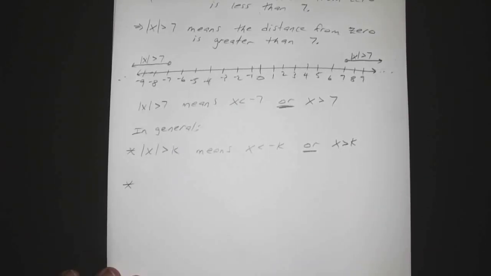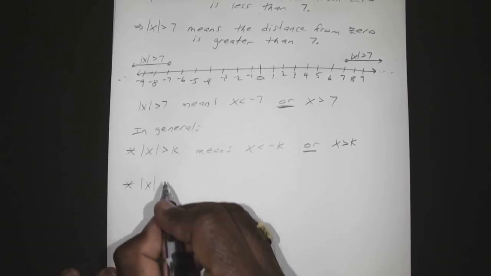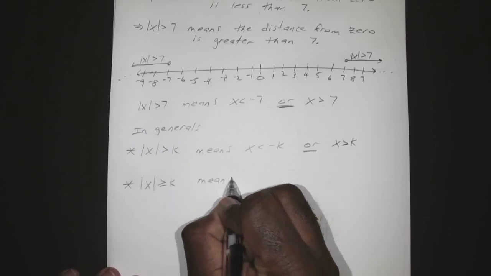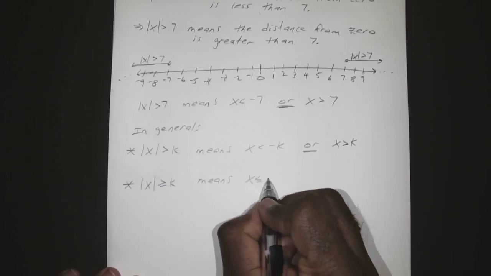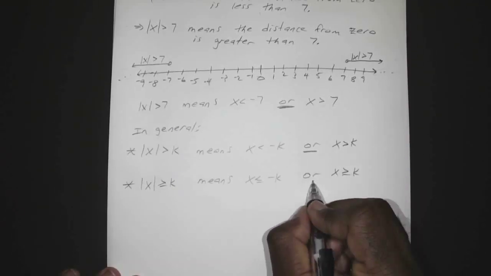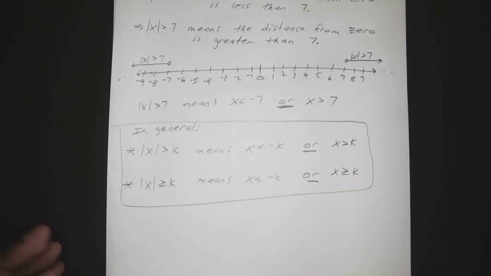Or if you want to apply it to greater than or equal to, same thing, just different sign. Absolute value of x is greater than or equal to k just means x is less than or equal to -k, or x is greater than or equal to k. So, again, if you remember one, you remember the other.